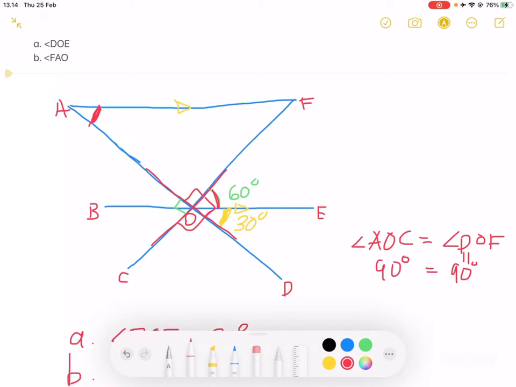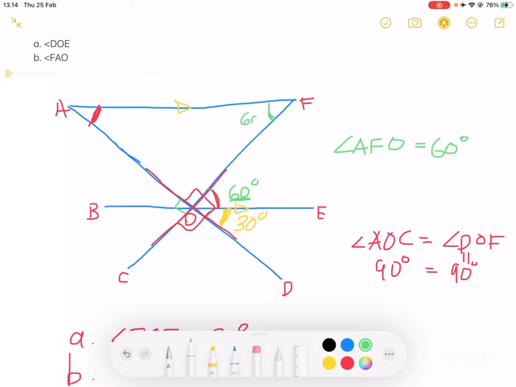However, we're going to look at AOF first. And first notice that this 60 degrees and angle AFO are alternate angles, and what that means is AFO must be equal to 60 degrees.